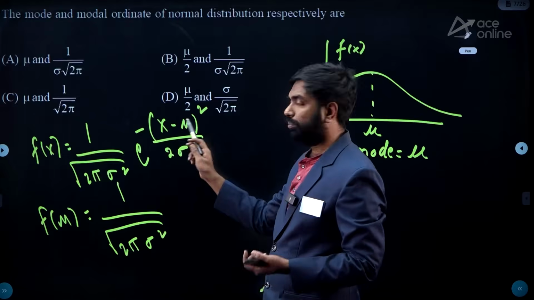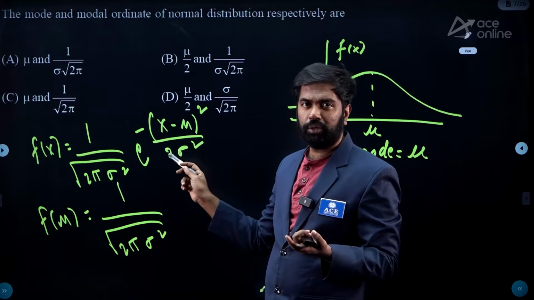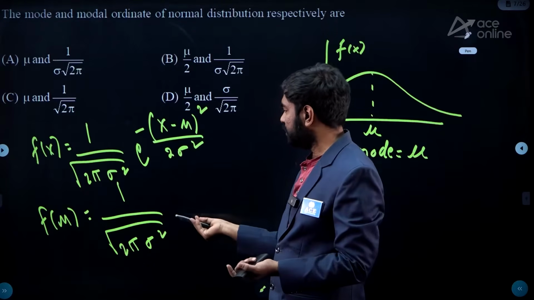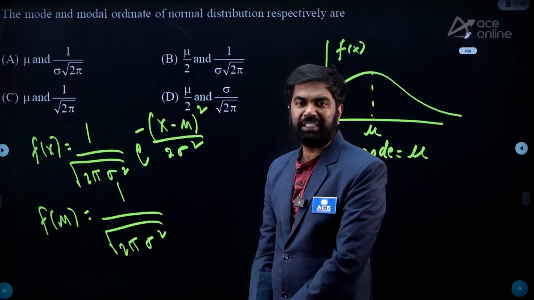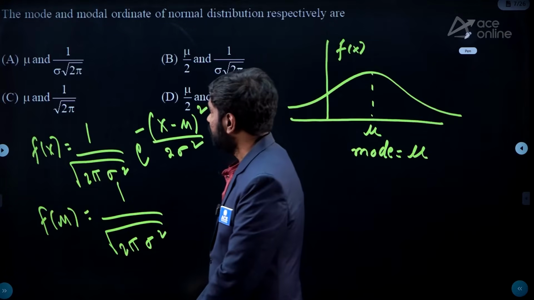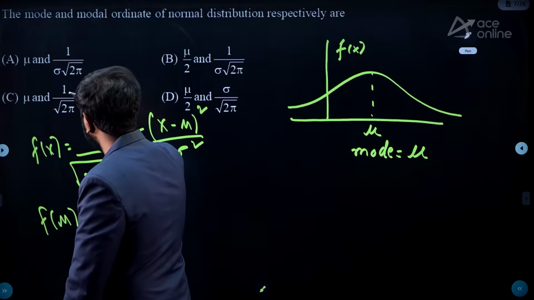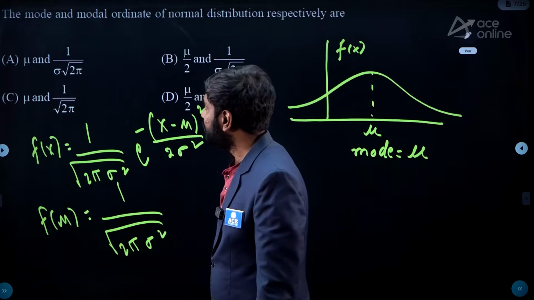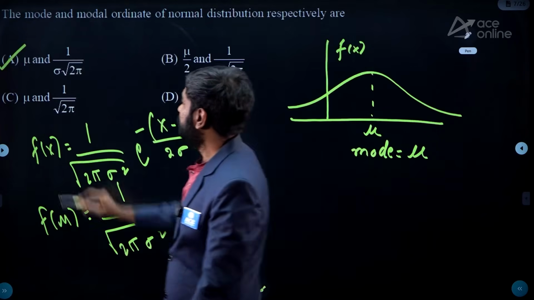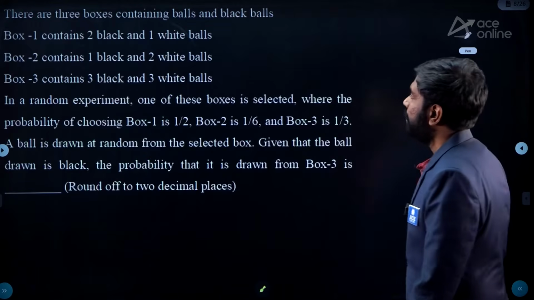When I put mu here, mu minus mu is 0, 0 square is 0, e power 0 is 1. We are just left with 1 by root 2 pi sigma square. So the mode is mu, and the modal ordinate is 1 by, because when the sigma square goes out it becomes sigma, root 2 pi sigma. The answer to this problem is option A.